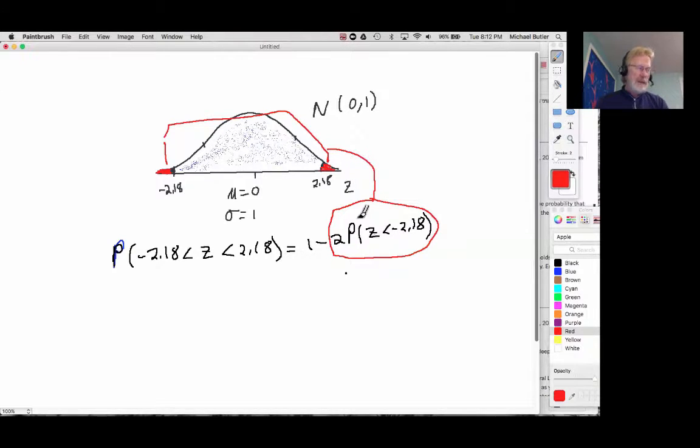In terms of calculating this in R, we'd go 1 minus 2 star, you have to be explicit about your multiplication, pnorm of negative 2.18, comma 0, comma 1.